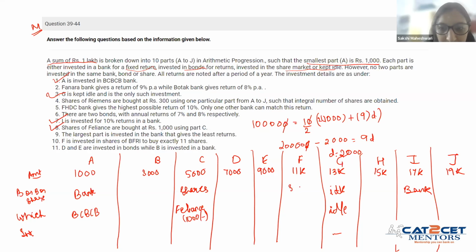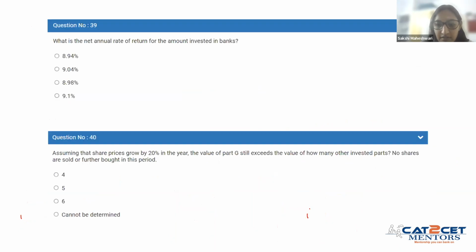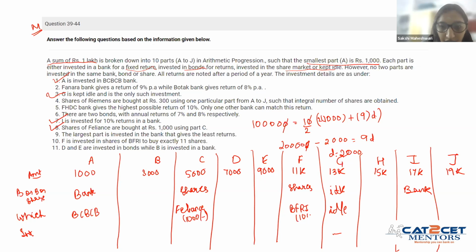So this is shares, this is BFRI, and this is 11 shares. So 11K by 11, that means 1,000 per share. Now I'll also write the number of shares here, 5 and 11. So this we have used.